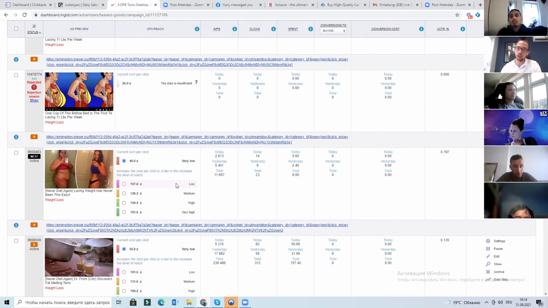I think the other one is 0.135. I just want you to compare these two. Yes, actually, I don't change the cost per click of each teaser. I just see the CTR and the best CTR. Yeah, but that's Taboola. And this is on MGID, you have the reach levels, which you need to take into consideration. Yes, I don't know about this.